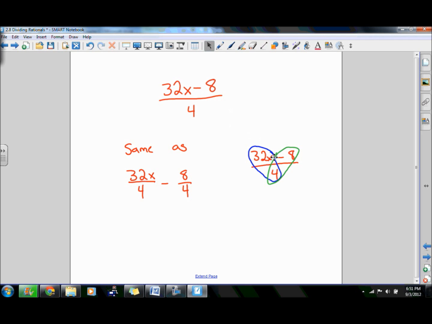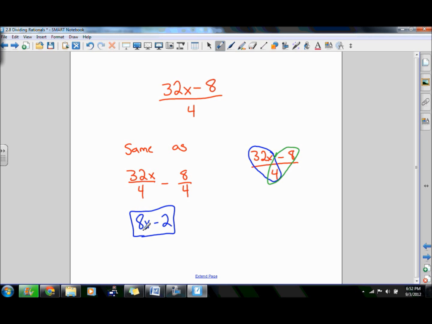So when we draw in a heart, it becomes 32x over 4 right here, negative 8 over 4 right here. We put the negative there, which is just fine. Then you would just simplify. 32 divided by 4 is 8. We keep the x. 8 divided by 4 is 2, so we put minus 2, and that's our answer.